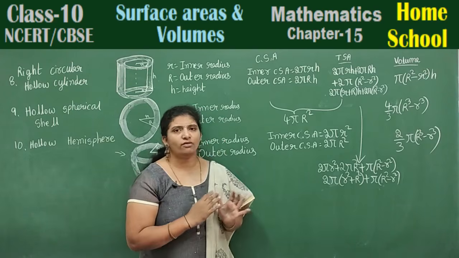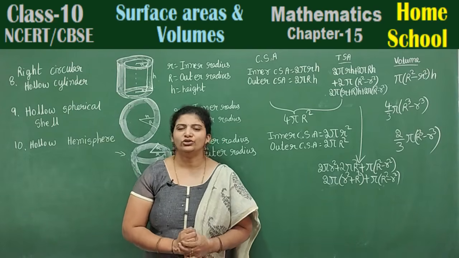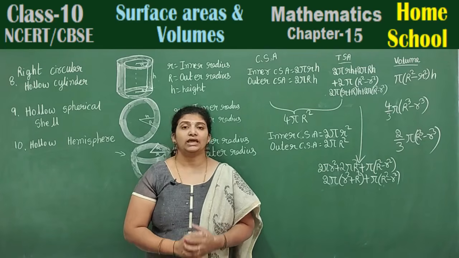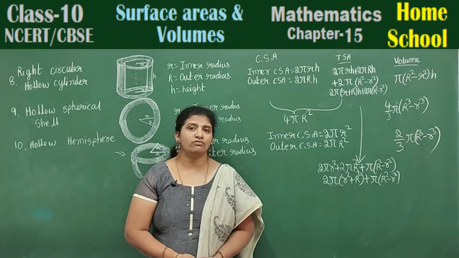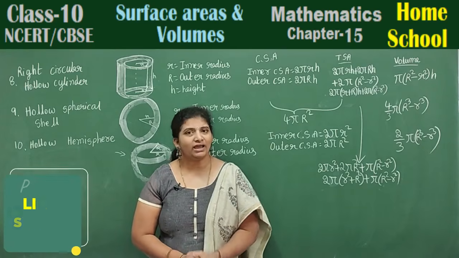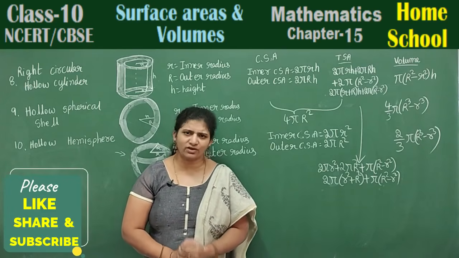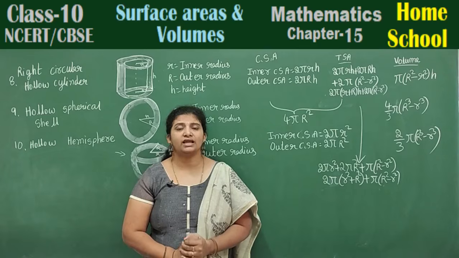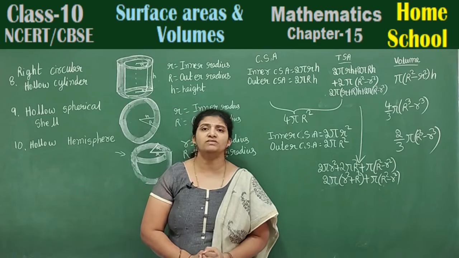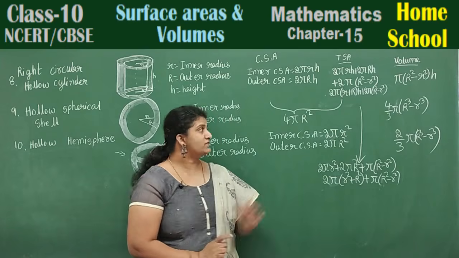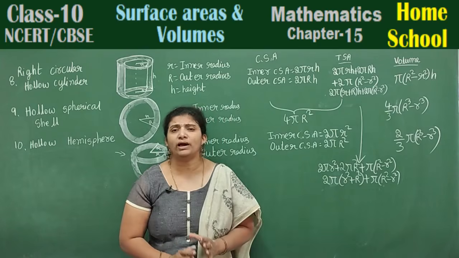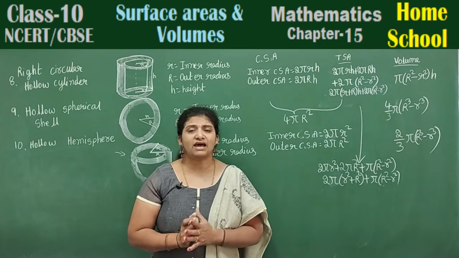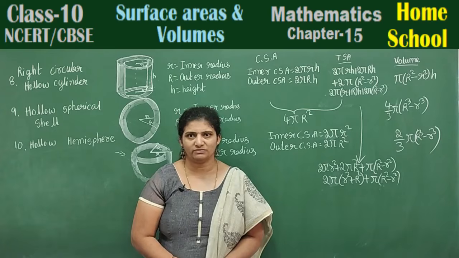So all these formulas are very important to do this chapter. Keep a thorough practice of all these formulas. Please don't memorize by heart. Understand each and every formula, how we get the formula. There are many application problems in this chapter. These formulas will help you a lot to understand the application problems.